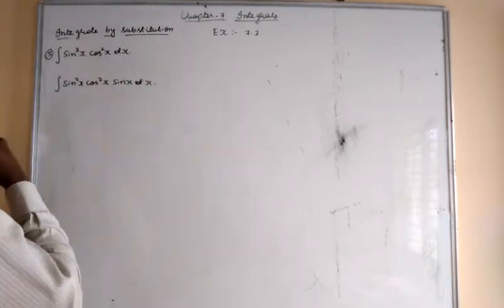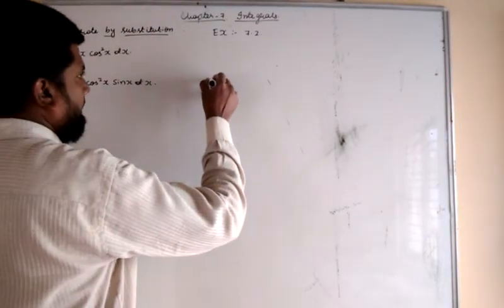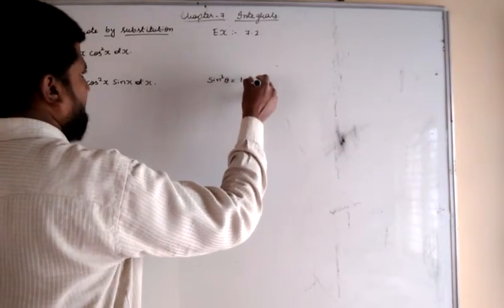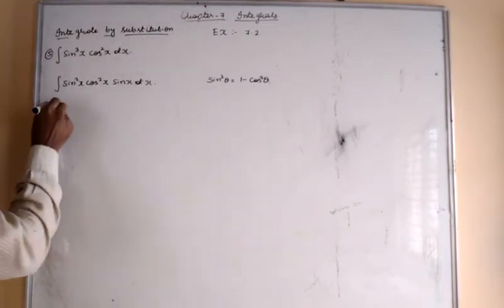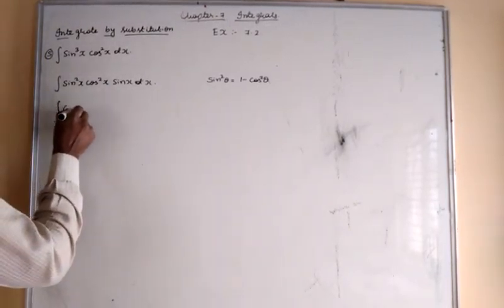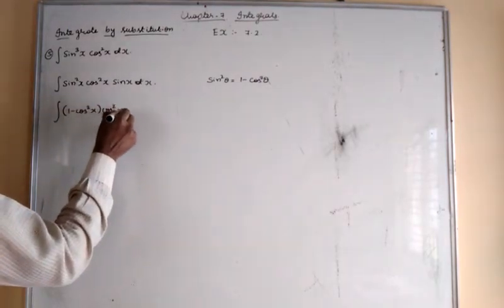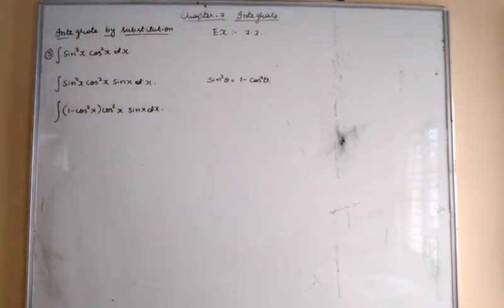Then we know the identity: sin square theta can be written as 1 minus cos square theta. So we can substitute here 1 minus cos square x into cos square x into sin x dx.